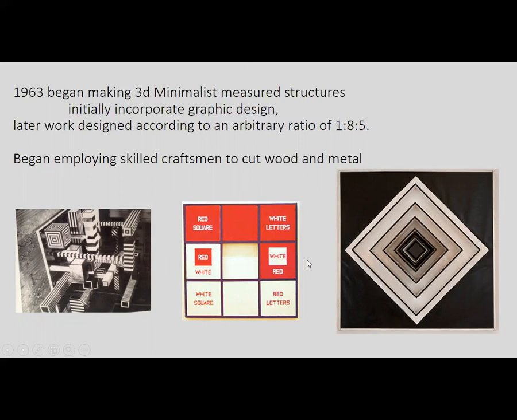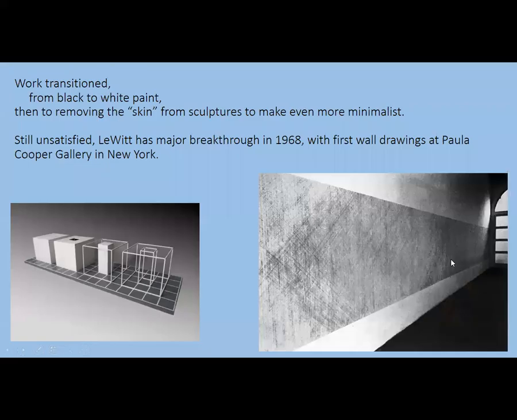And he's making these three-dimensional things, but he feels like he's kind of a crappy craftsman. So he starts employing people to cut the wood and metal for him so they'll be more precise. And then his work transitions from these black and white constructions to, he starts removing the skin from these three-dimensional objects and just showing the frames to make them more minimalist.